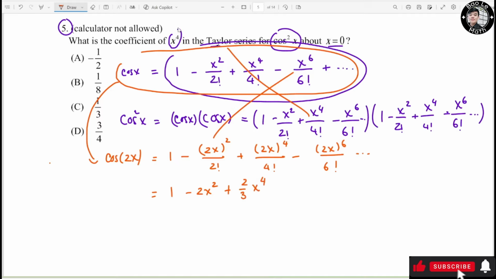Since we only need the coefficient of s to the 4, we stop right here.